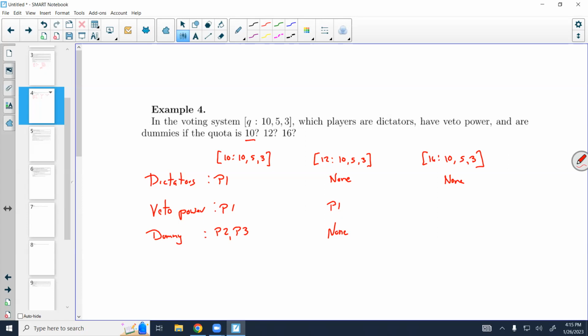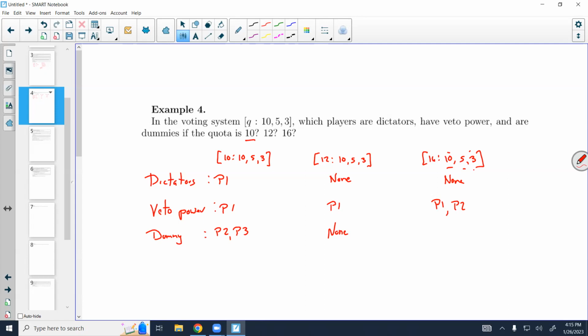Is there anybody that we cannot pass it without? Well, it definitely can't pass without player 1. We also need player 2, because if player 2 doesn't do it, we have 13. If player 1 doesn't do it, we have 8.